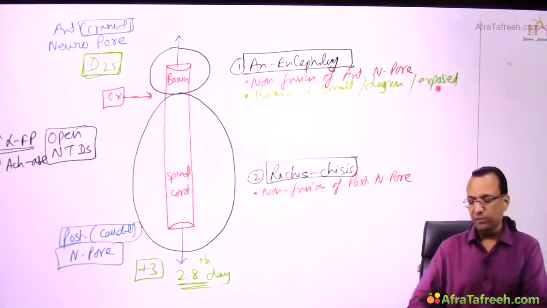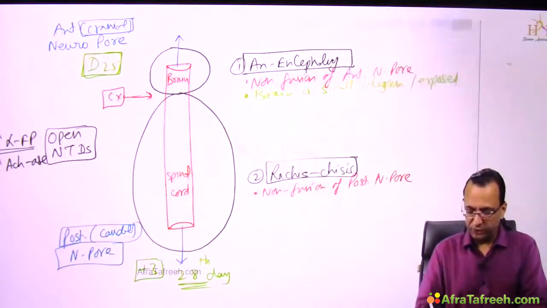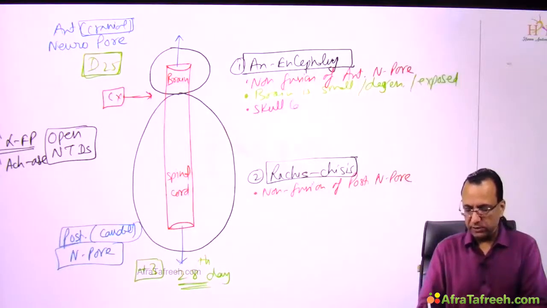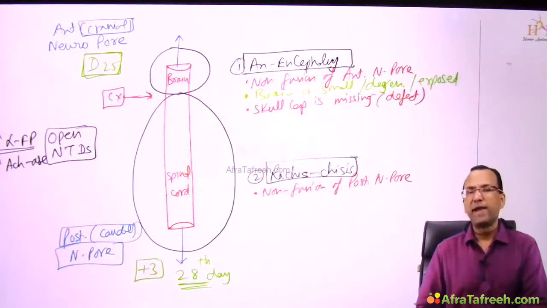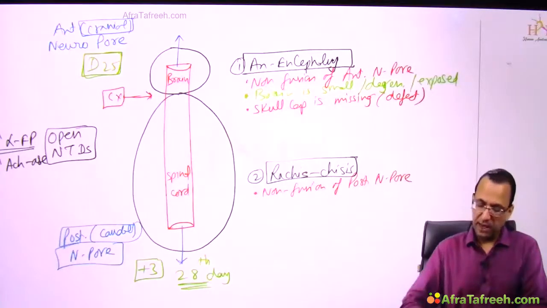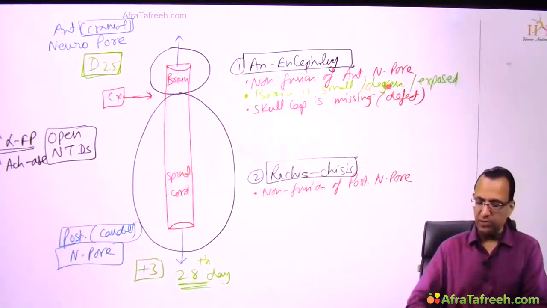But why is it exposed? Because the skull cap is missing. You mean to say there is some defect in the skull? Yes, there is a defect in the skull. The skull is open, the brain is open, leading to degeneration of the brain due to exposure to the amniotic fluid.